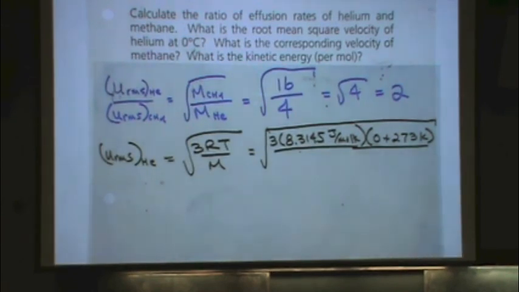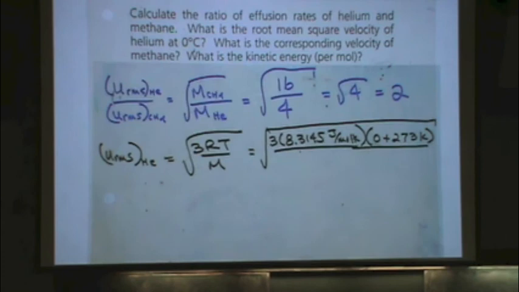Now from the periodic table, I get 4.003. What's the problem? I can't use that number though. Why not? I have to do something to it. What units is it? Grams per mole, that's not SI units. What's SI units?